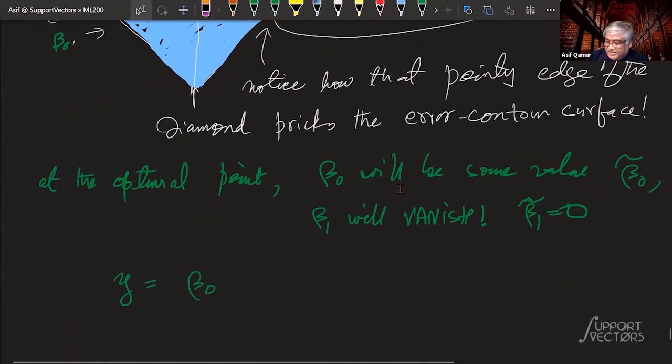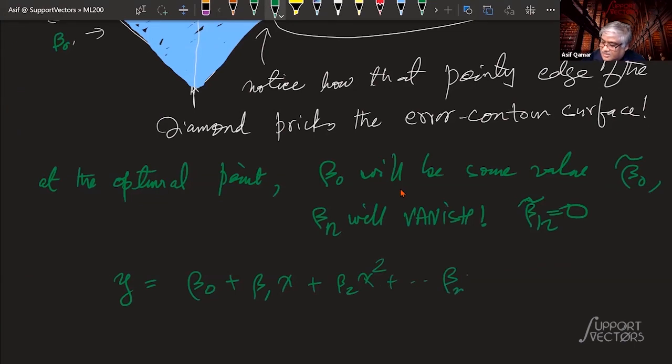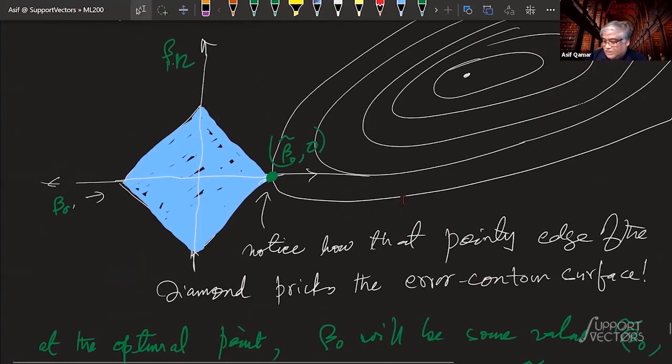So it's an n-dimensional space. So beta naught plus beta 1 x plus beta 2 x squared, and so on up to x to the power n. What will happen is, when you hit it along this axis, a lot of the betas will start disappearing, right?